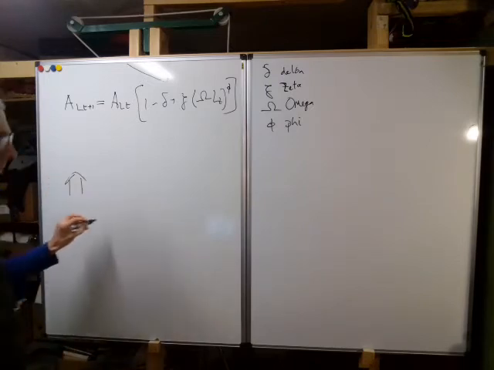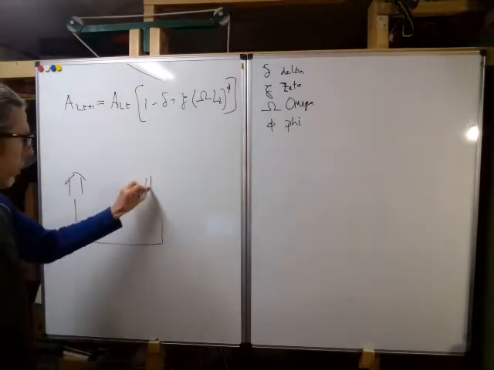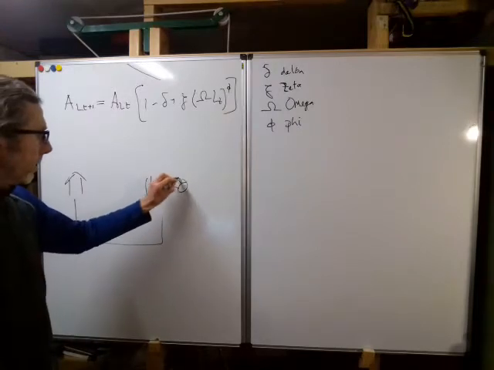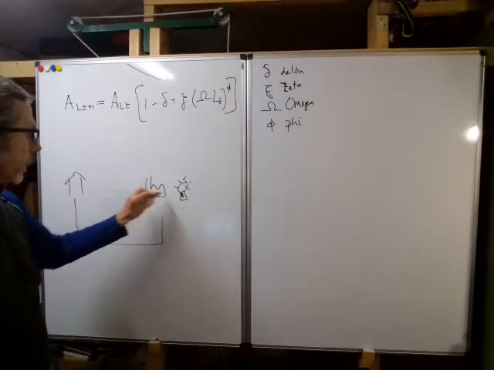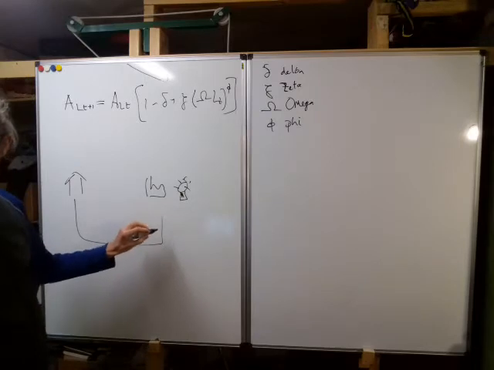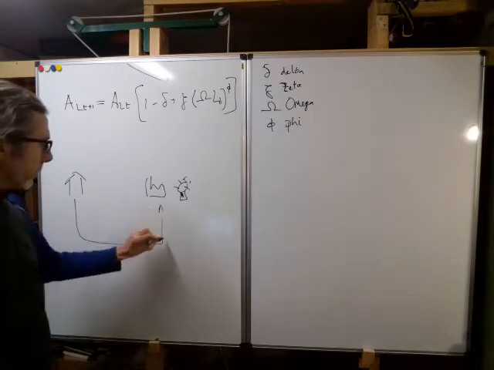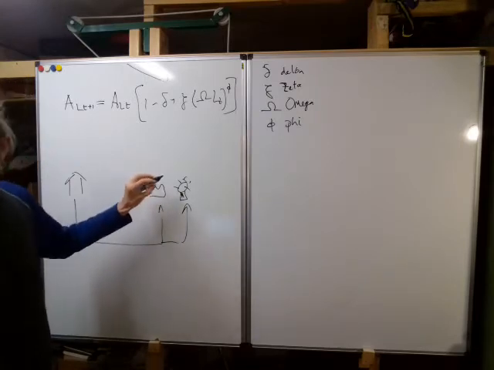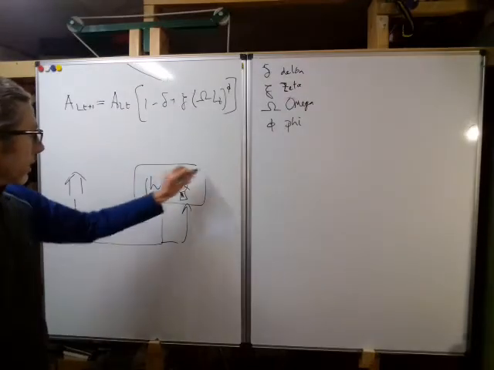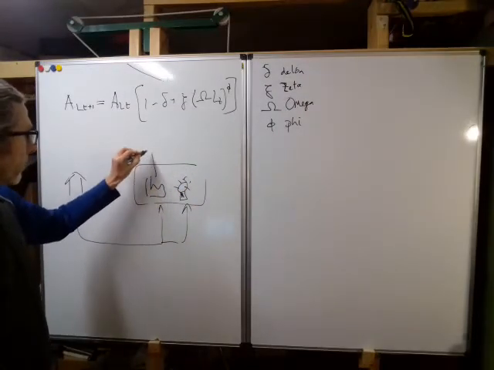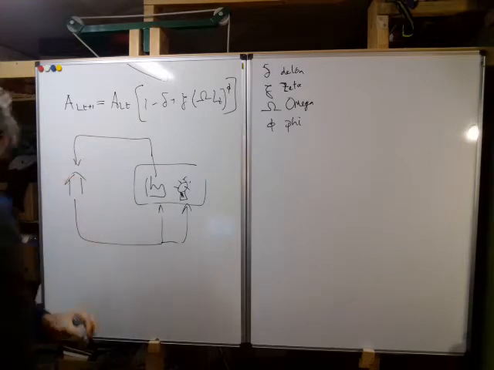So what do we have here? This is like the research sector, production sector, and labour is split between them. And then the product comes out and goes back.